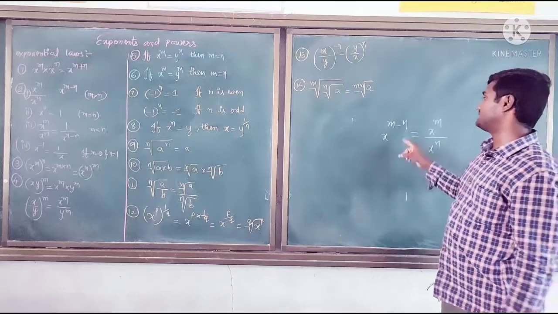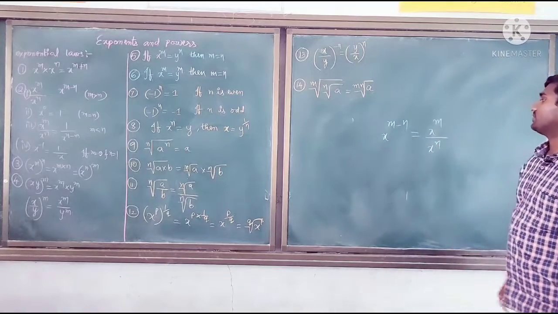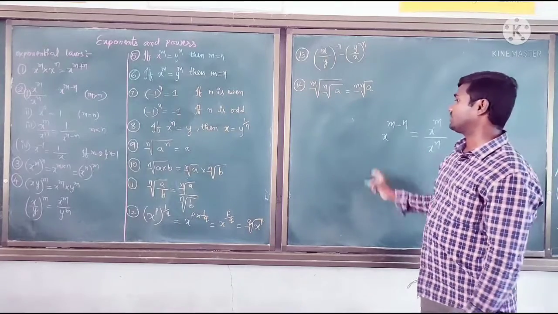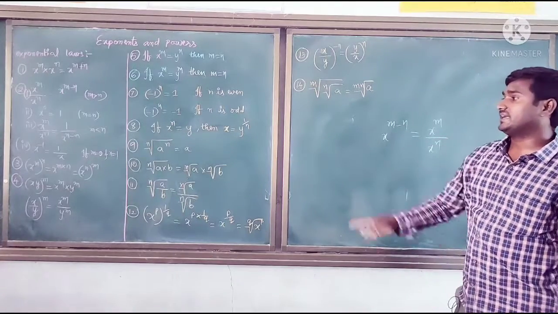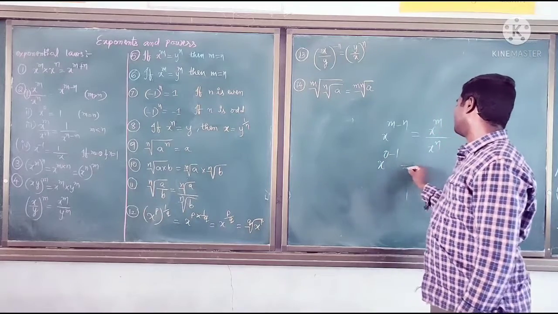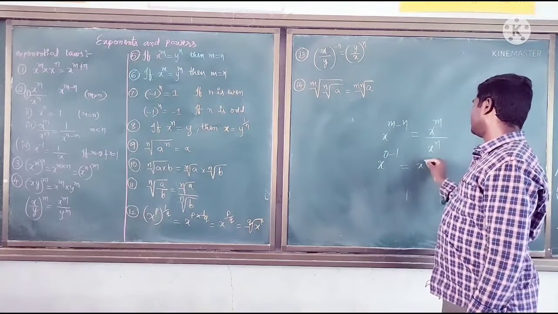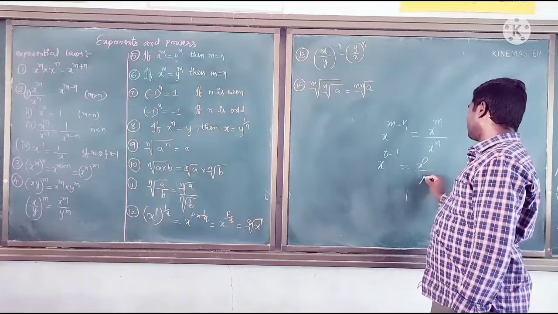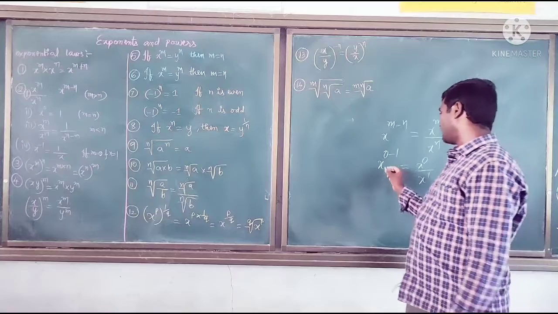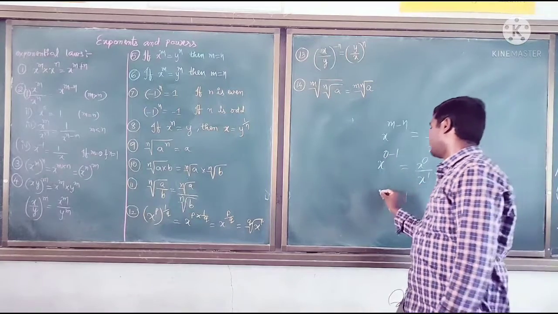So here m is equal to 0 and n is equal to 1. That is x power 0 minus 1 is equal to x power 0 by x power 1.